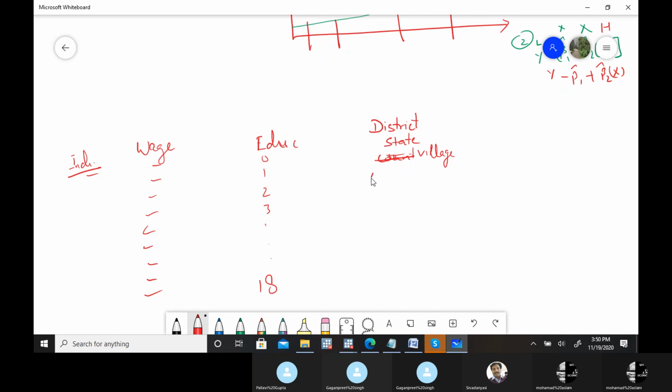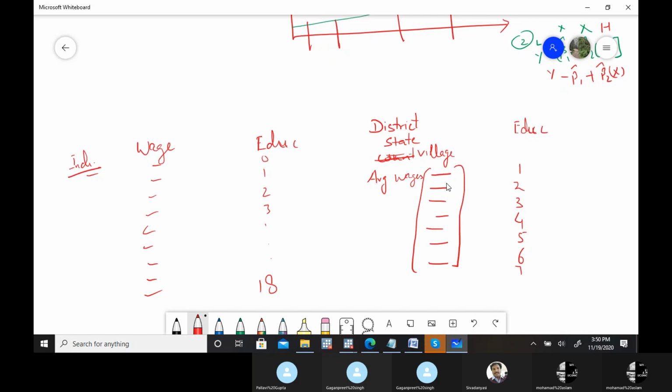And you have average wages, like for Chandigarh, Punjab, Haryana, Delhi, UP, Rajasthan. And these wages you have corresponding to education level, like for the first education level, then second, then third and fourth. So you have average wages for all the education levels.